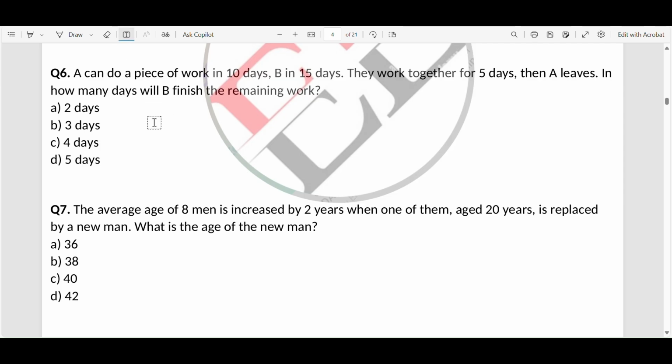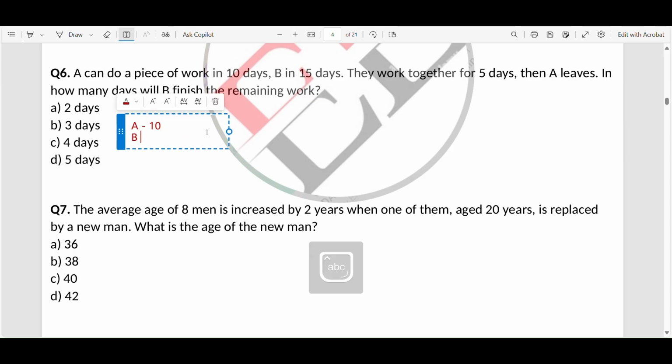Now, what is the meaning of this? A can do a piece of work in 10 days, right? And B can do a piece of work in 15 days, right?